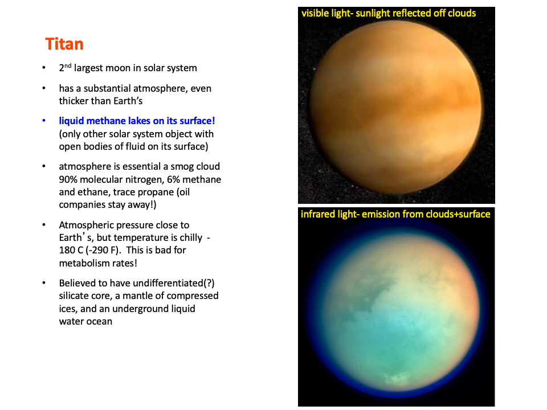Now, the atmospheric pressure is close to Earth, so if you were to stand on the surface, you wouldn't need a pressure suit. You certainly would need something to keep you warm, because it's about minus 180 degrees Celsius, which is about minus 300 degrees Fahrenheit.